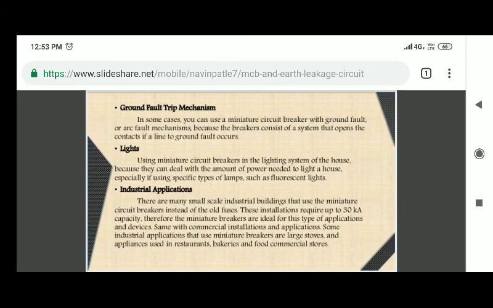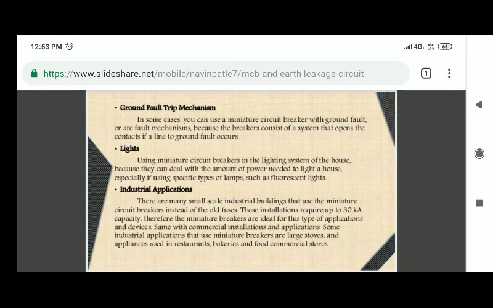Then the applications of these MCBs. Many small scale industrial buildings use miniature circuit breakers instead of old fuses. These installations require up to 30 kiloampere capacity.